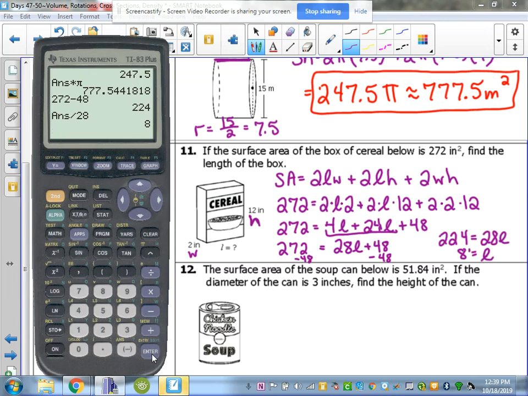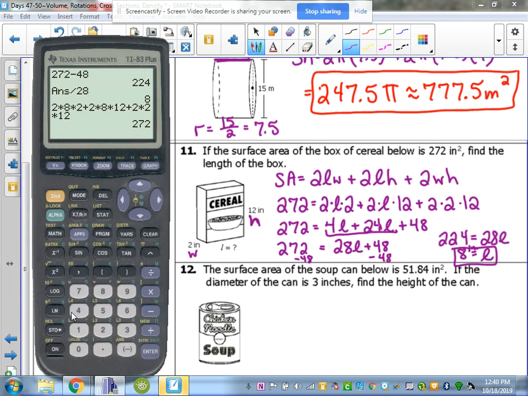And we need to put some units on that. Inches. Now, it's probably a really good sign that we got a whole number there, but I would check it. Go back to this line right here and plug in L. 2 times 8 times 2 plus 2 times 8 times 12 plus 2 times 2 times 12 should give me the surface area of 272, and it does.